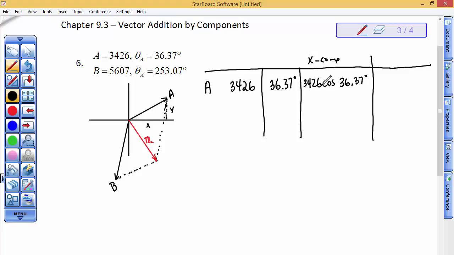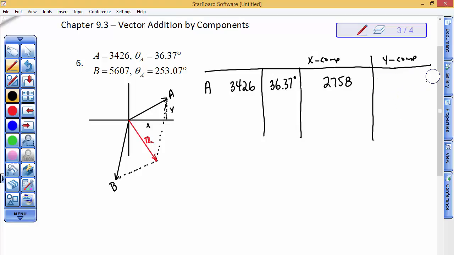So when you type that, hit pause if you need to. I'm going to erase. So that's 2,758. It must have rounded up. The y component is found by taking 3426 times the sine of 36.37 degrees. Hit pause if you need to type that.